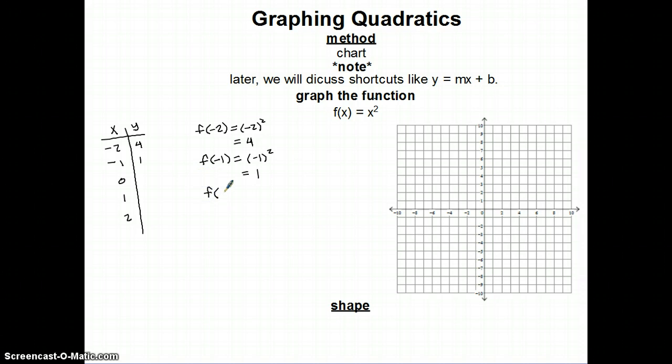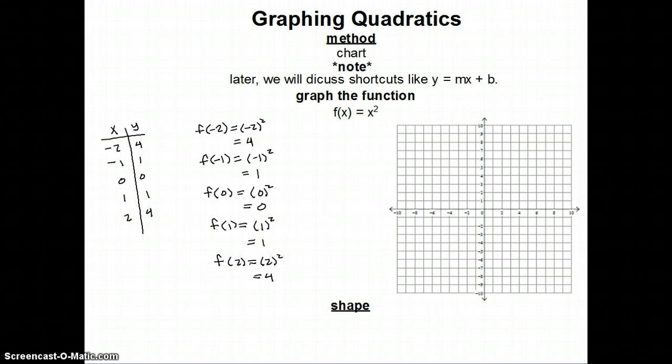F of 0 will be equal to 0 squared, which is 0. And then we have f of 1, which is equal to 1 squared, again being 1. And then f of 2 is equal to 2 squared, which is 4.